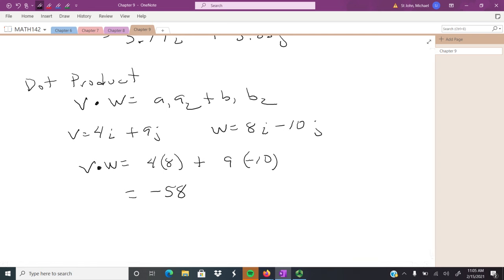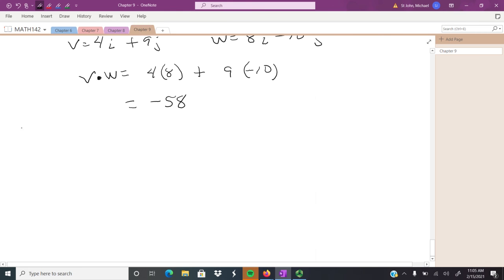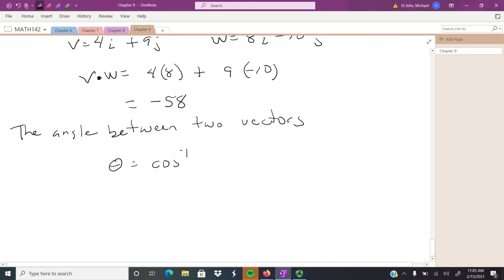We can then also get the angle in between our two vectors. And so the angle between two vectors, theta, is going to be the inverse cosine of the dot product divided by the magnitude of the two vectors.